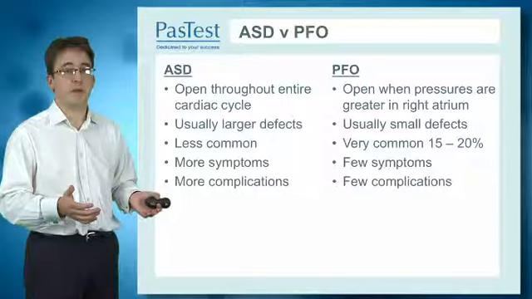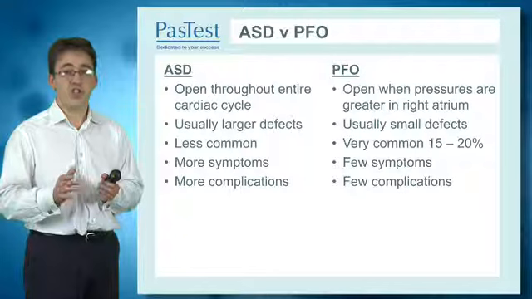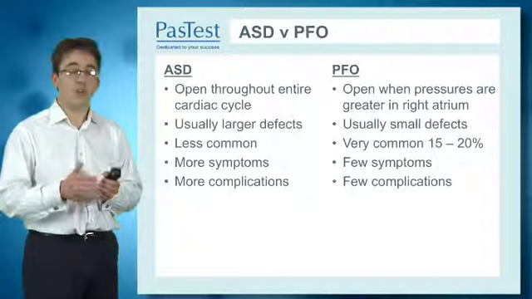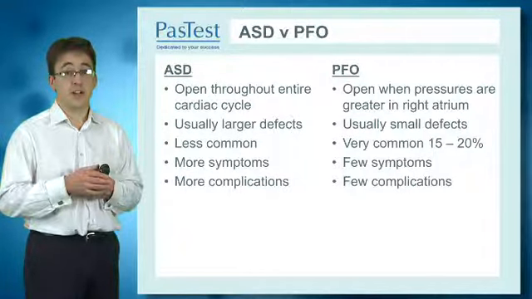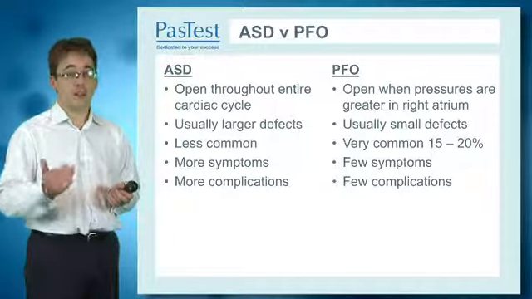Patent foramen ovale, of course, is very different. This is a structure which we're all born with, and in the vast majority of patients, the patent foramen ovale closes up early on in life. It's not open all the time, and it only opens when pressure in the left atrium or the right atrium exceeds the other atrial pressure, allowing blood to move either from the left to the right or the right to the left.